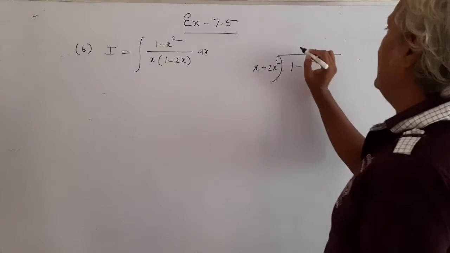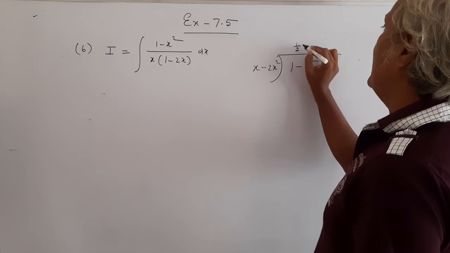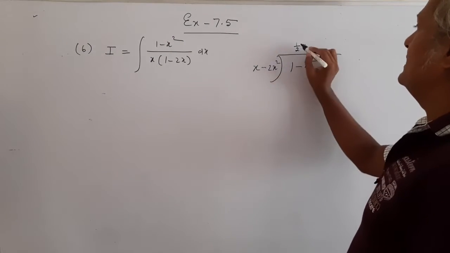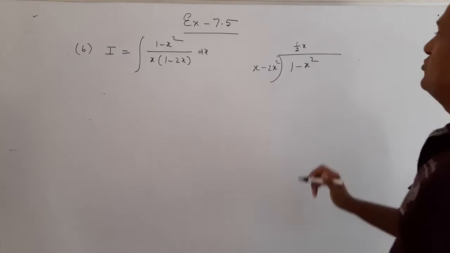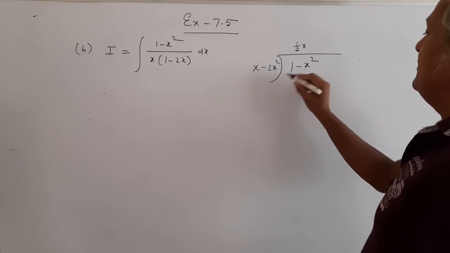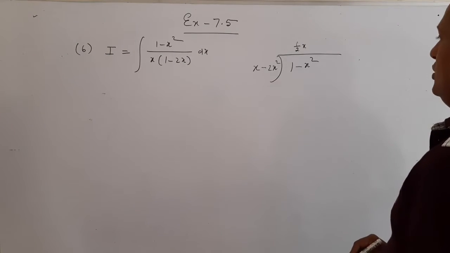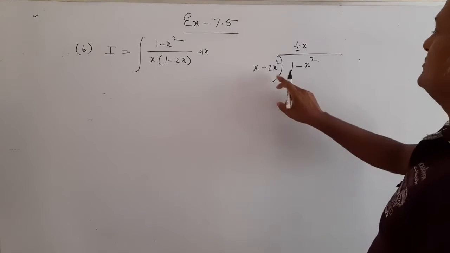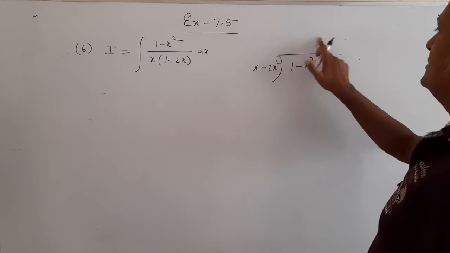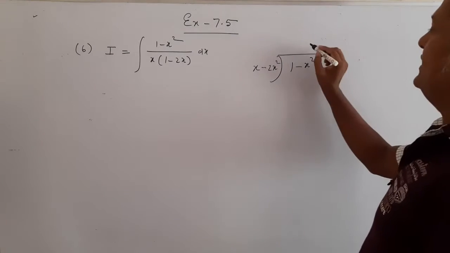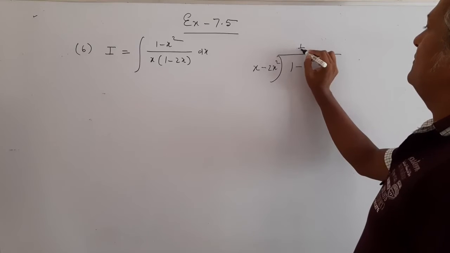So I write here half, because if you have half into 2x square, then only you can get this x square. Half x into x gives half x square, and this one's integration increases. So I just take only half.